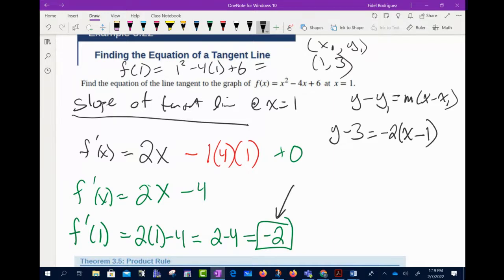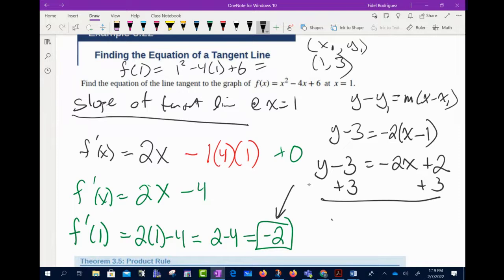Okay, guys, all we got to do now is solve for y. Y minus 3 equals, everybody agree, negative 2x plus 2? And then we're going to add 3 to both sides, and we end up with y equals negative 2x plus 5.